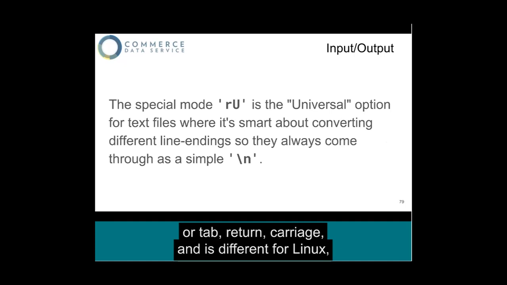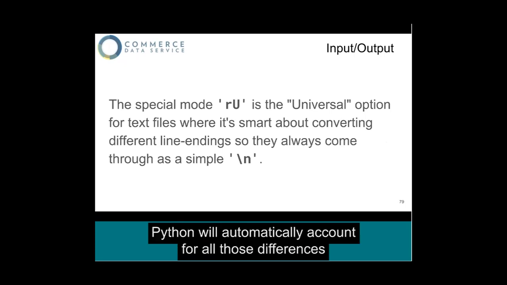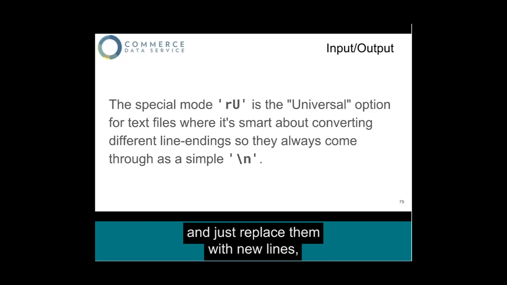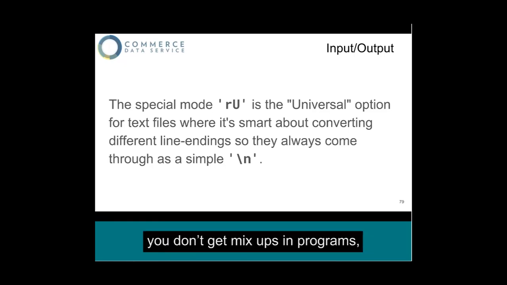It's different for Linux, which is just new line, and different for Macs. So in the universal option, Python will automatically account for all those differences and replace all of them with new line. And why that is useful is because then you do not get special characters at the end of your strings. You don't get mix-ups in programs. Because Python is so dependent on the whitespace and the formatting, this doesn't mess it up.